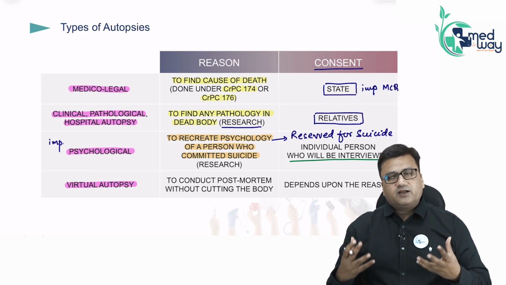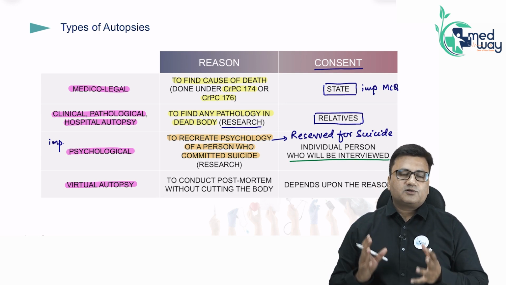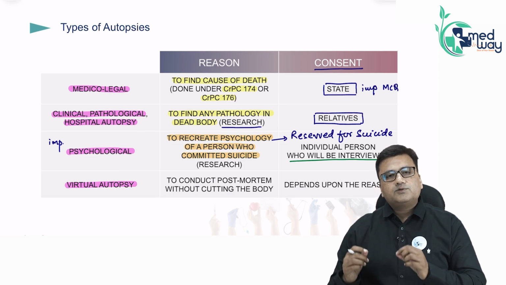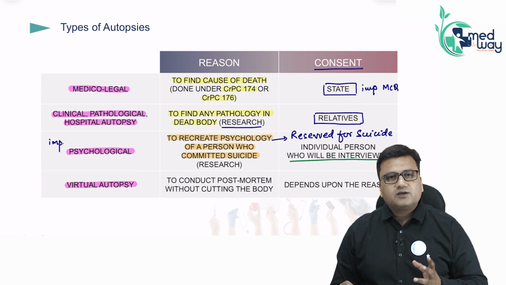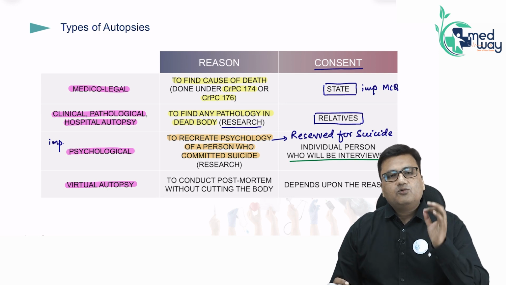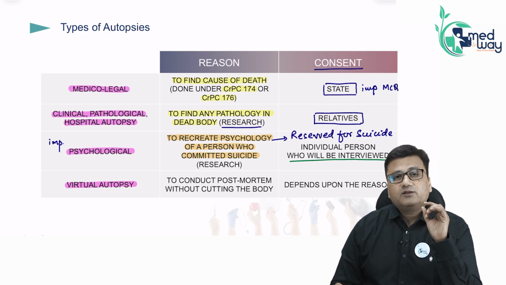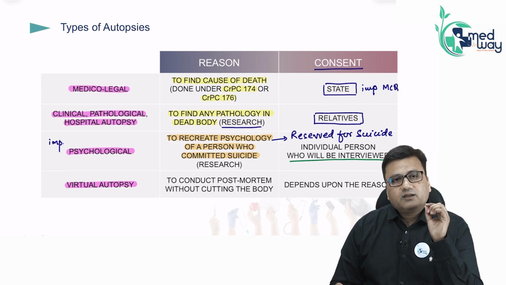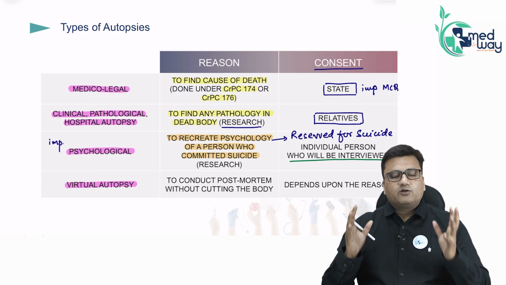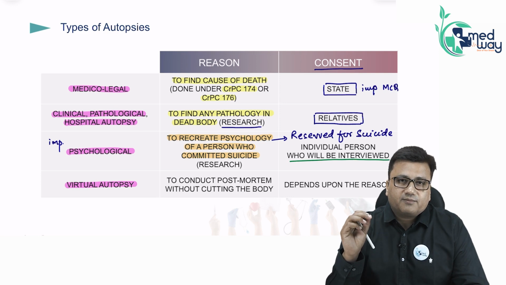So, in a nutshell, psychological autopsy is a process where interviews are held with the family members and friends of the person who committed suicide. The reason for holding those interviews is that the researcher wants to know what was the psychological status of the person who committed suicide, right.